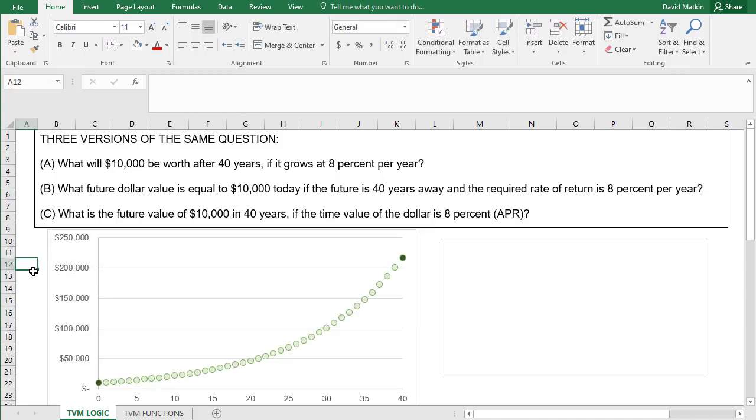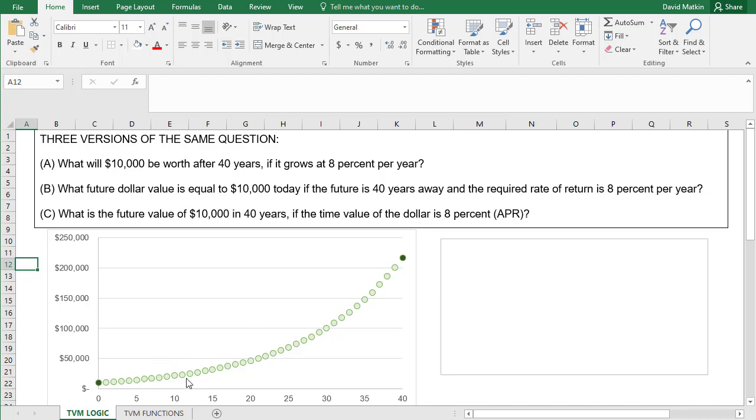So this is a visualization of the answer to this question, which is, here's the $10,000 in time period 0, before any time has transpired. And here's 1 year, 2 years, 3 years. This is the future value of that 10,000 after 1 year, the future value after 2 years, the future value after 3 years, all the way up to the future value after 40 years.